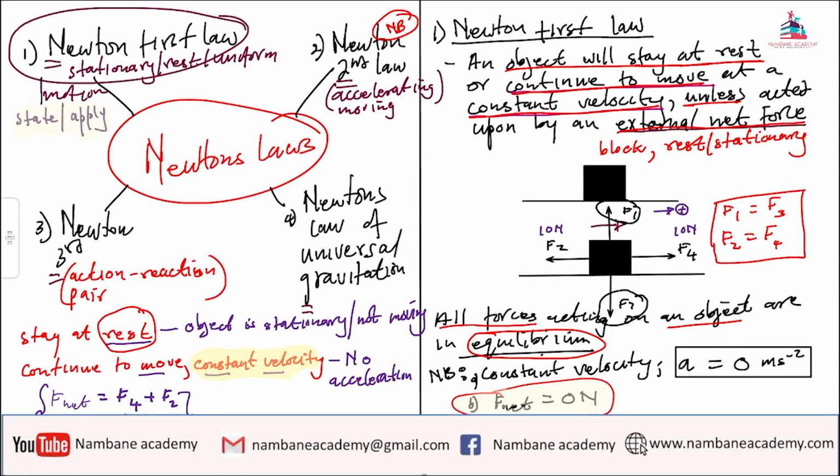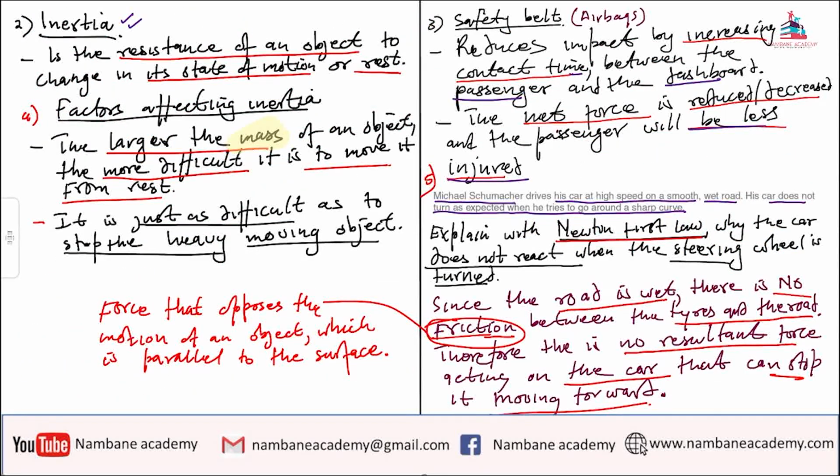I'm quickly going to go through this. We will explain further as we go. But law 1, ladies and gentlemen, refers to the inertia of an object, which is defined as the resistance of an object to change in its state of motion or rest. When the car is traveling at that 120, we are comfortable and enjoying the ride.